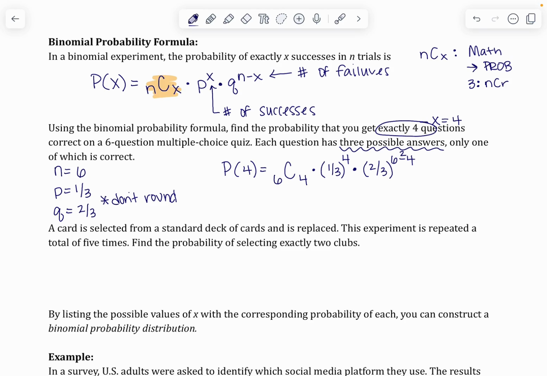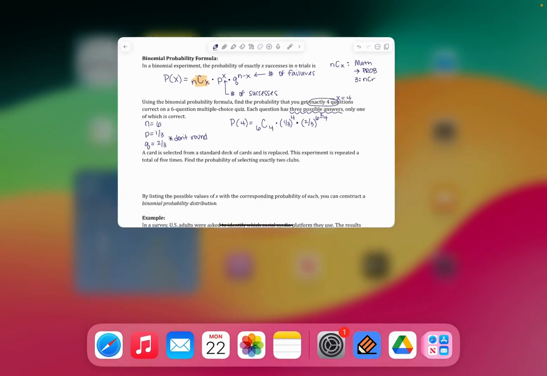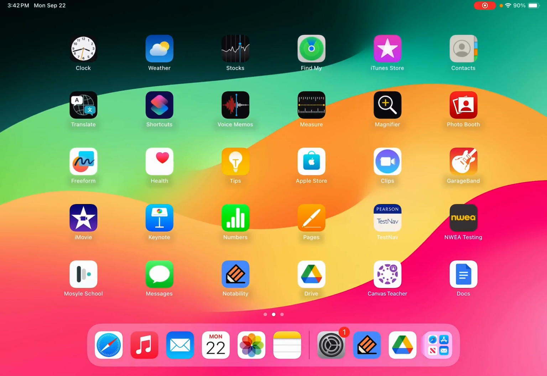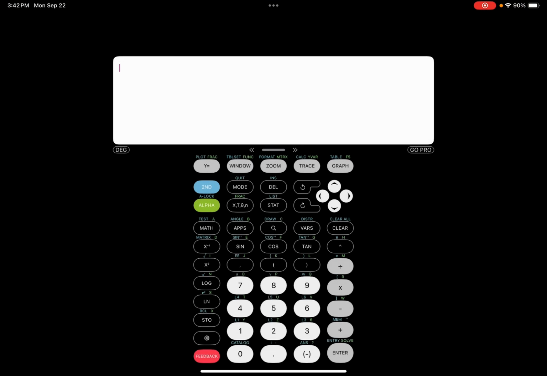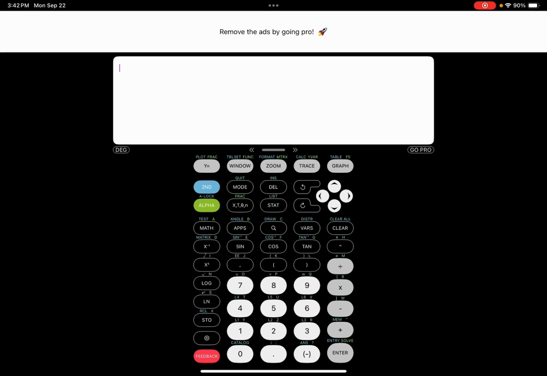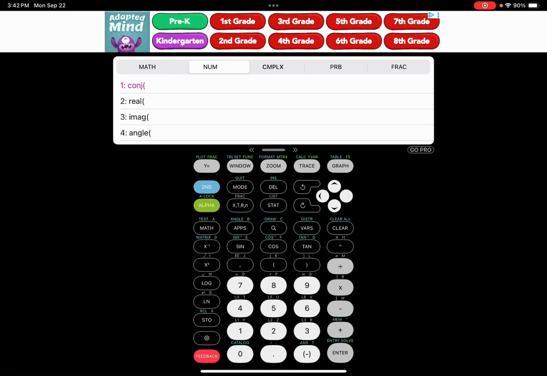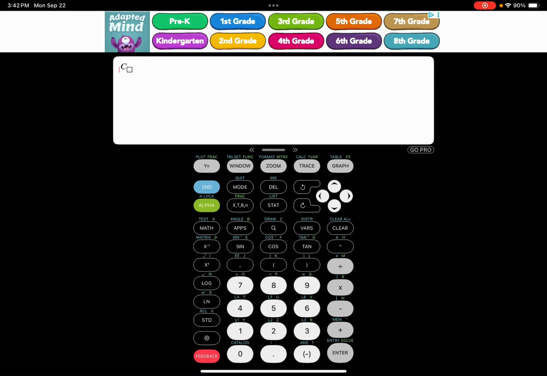All right, so now we're going to type this whole thing in the calculator. If I can find my calculator app. All right, so when we type this in, going to math, going over to probability and clicking on number 3, and then we can type in the 6, right arrow over to the 4.